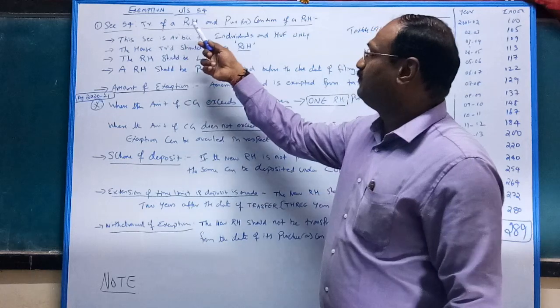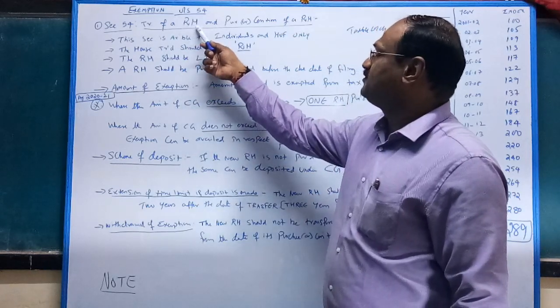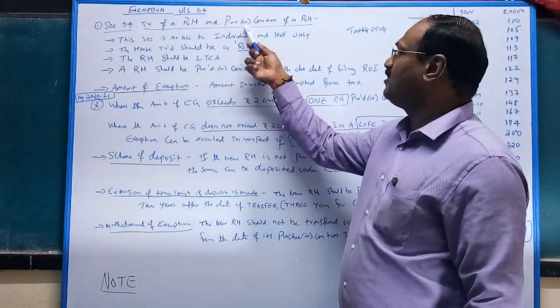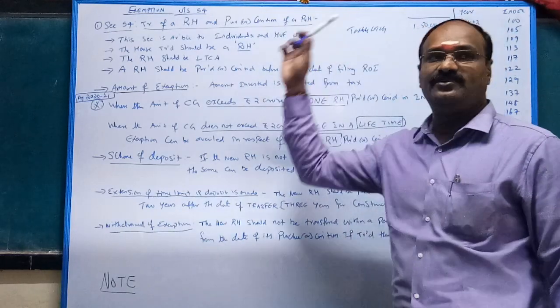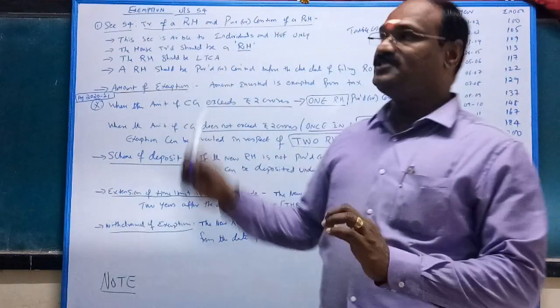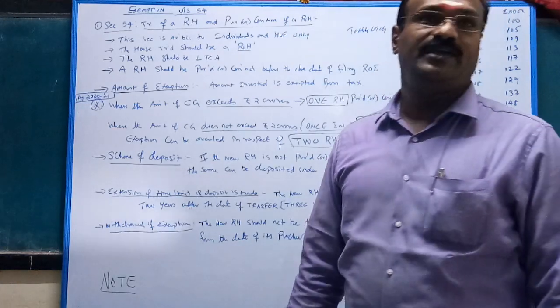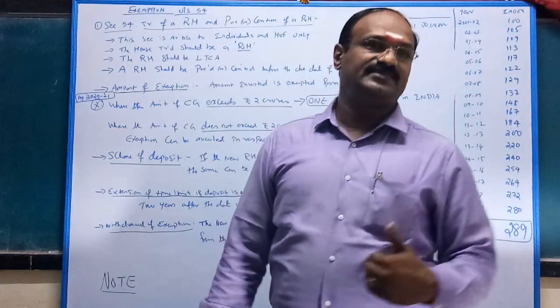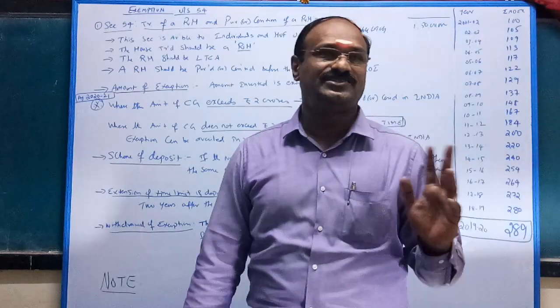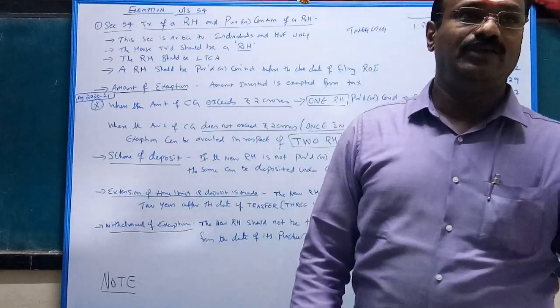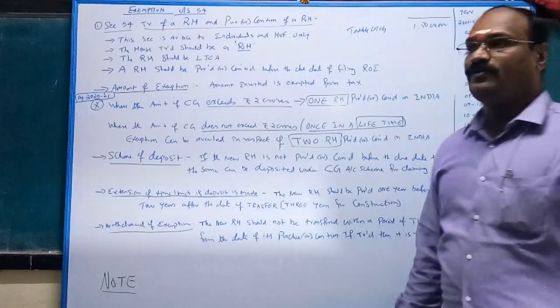So, transfer of residential house and purchase or construction of residential house. This deals with section 54. If you transfer a residential house, you can either purchase a residential house or construct another residential house, and claim exemption under section 54.